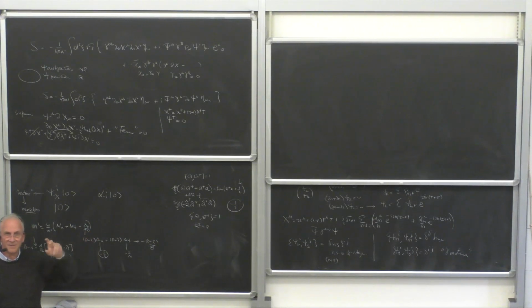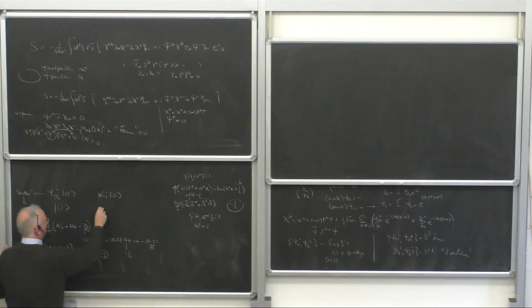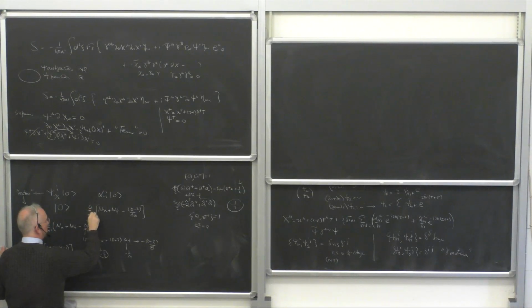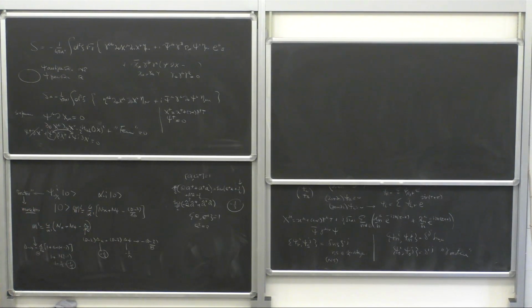So the N gets a factor of 2 with respect to this reordering. So lo and behold, here you get N of x plus N of psi minus (d minus 2) over 16, times 4 over alpha prime. This is the squared mass for the fermionic string spectrum in the Neveu-Schwarz case.